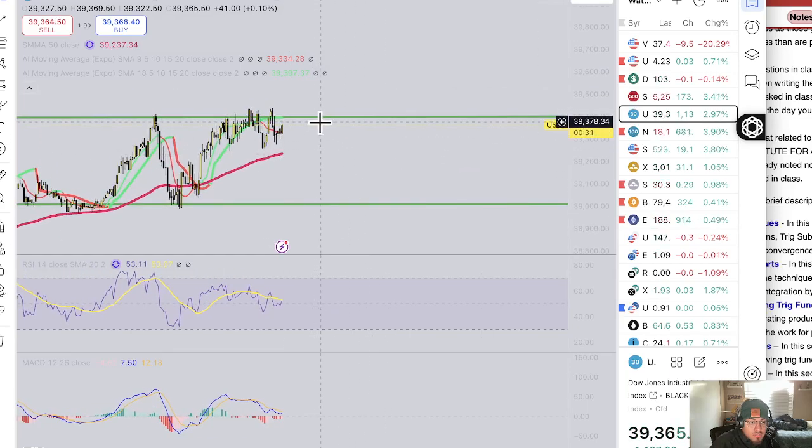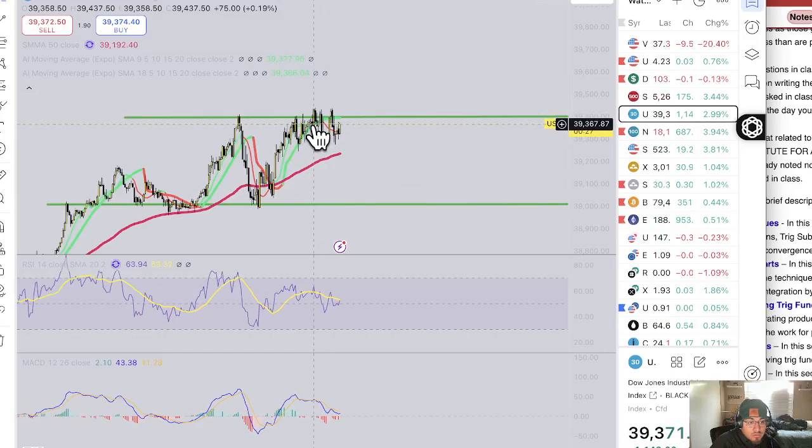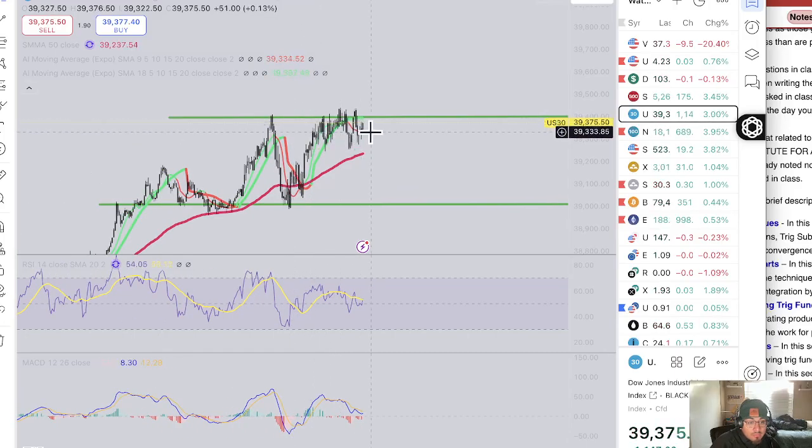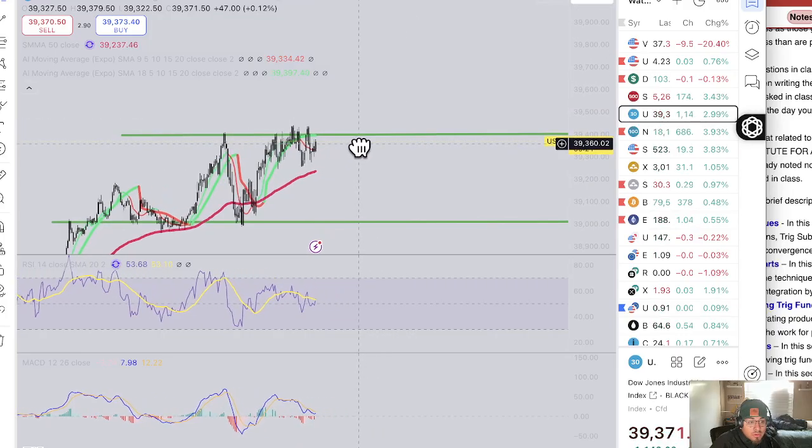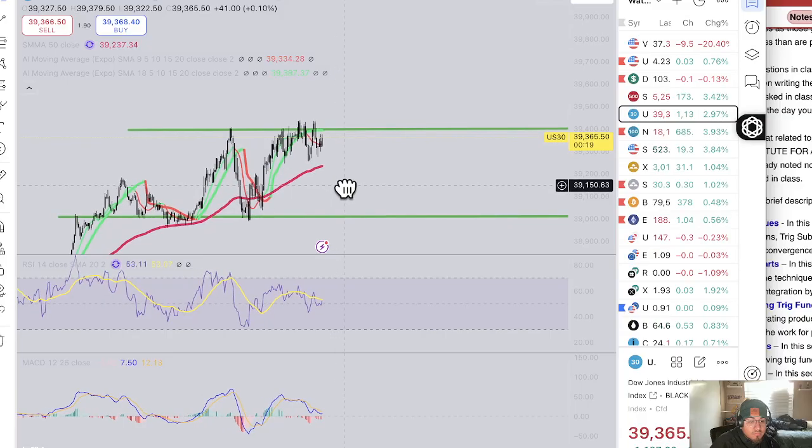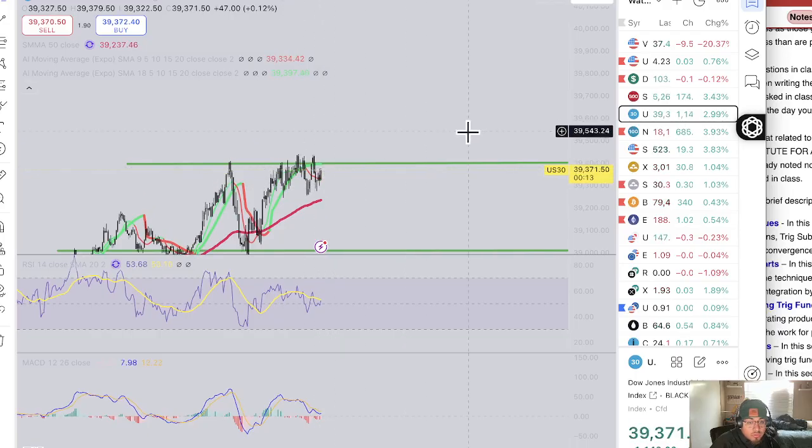Market keeps touching this resistance. So it can be considered a resistance and support depending on how the market's feeling. That means it can bounce off this resistance and just make it as a support.